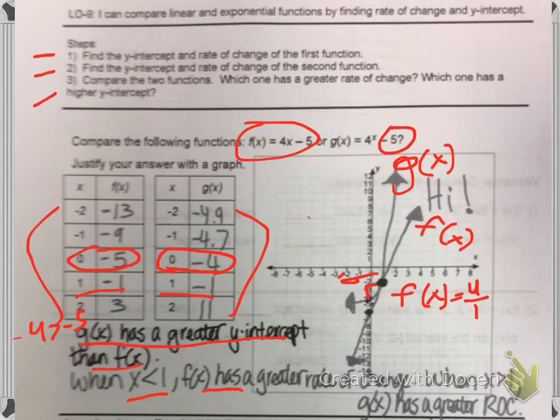But you also notice that the exponential equation, when x is greater than 1, so we'll look to this side, notice how my line's going to shoot straight up. So when x is greater than 1, then g of x here has a greater rate of change.